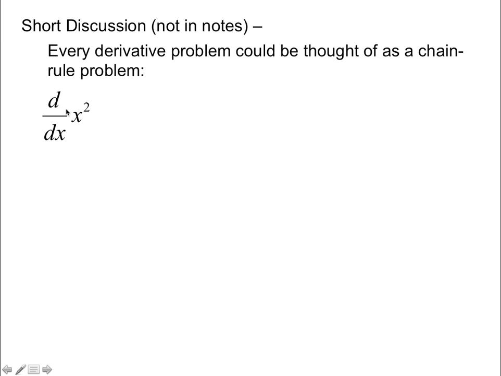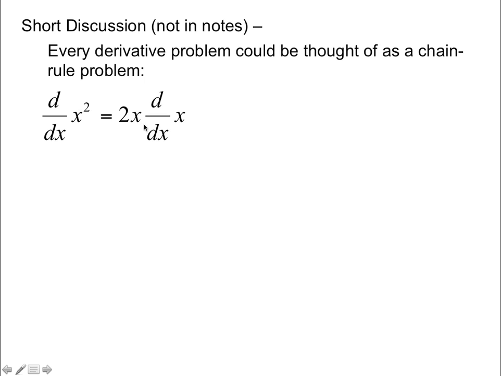If we take the derivative of the function x squared with respect to x, since we're taking the derivative with respect to the variable x, that's what the bottom of this Leibniz notation means, then we have to come back up here and decide, okay, x squared is a polynomial function, so we need to do the power rule on this variable x. As you might guess, this derivative is just 2x.